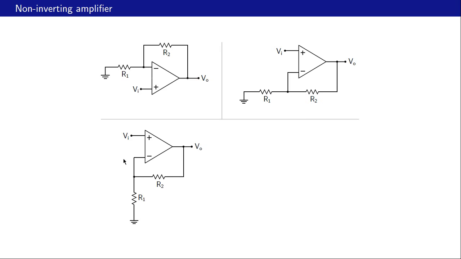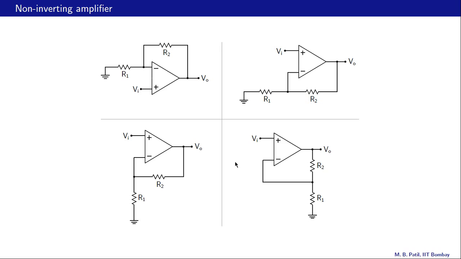Here is another way of drawing the circuit. Again, Vi is connected to the non-inverting input, and from the inverting input, we have R1 going to ground, R2 going to the output node. Yet another way: Vi going to the non-inverting input again, and from the inverting input we have R1 going to ground and R2 connected between the inverting input of the op-amp and the output node of the op-amp.